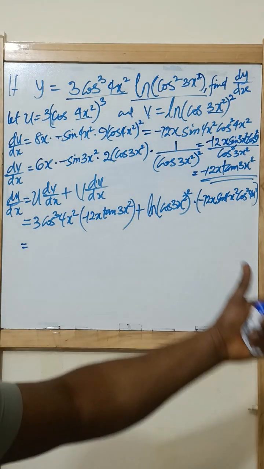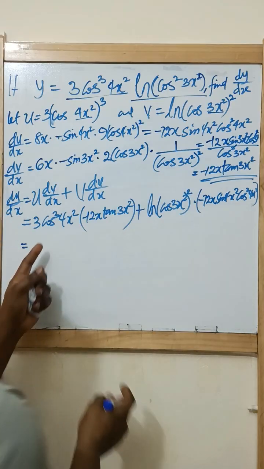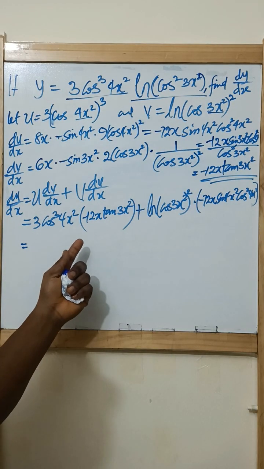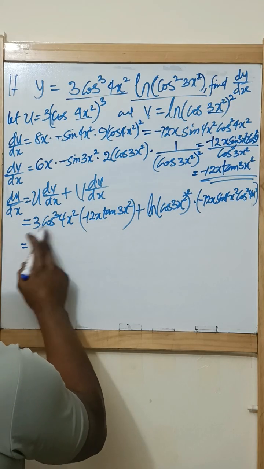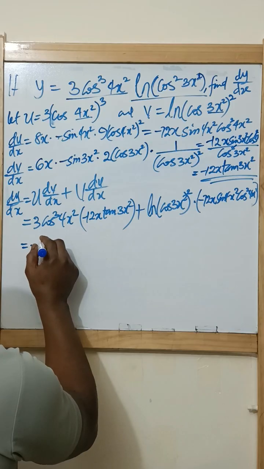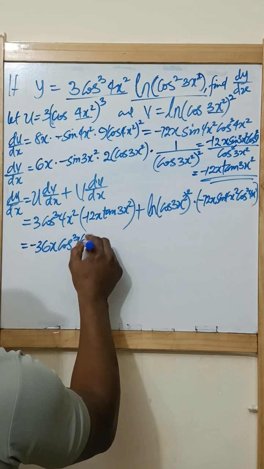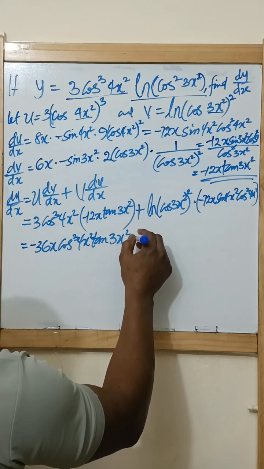Let's simplify this. If you look at this, there are two terms here and some things are common. Before we go there, let's multiply this together. This is 3 times minus 12, that's minus 36x cos cubed 4x squared tan 3x squared.